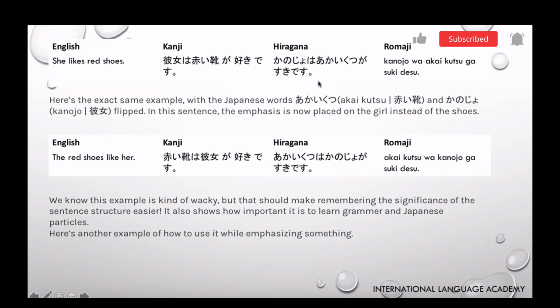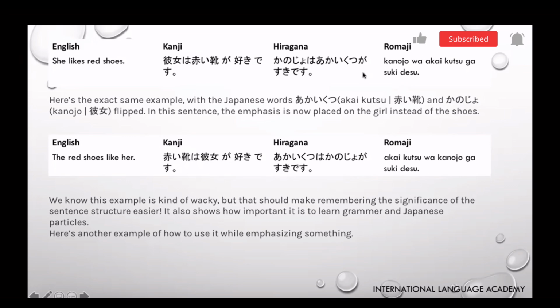So we are talking about the shoes that she likes. The topic means her. So she is the topic here, so we can use wa in here. Akai kutsu. Akai means red in Japanese and kutsu means shoes in Japanese. So, she likes red shoes.